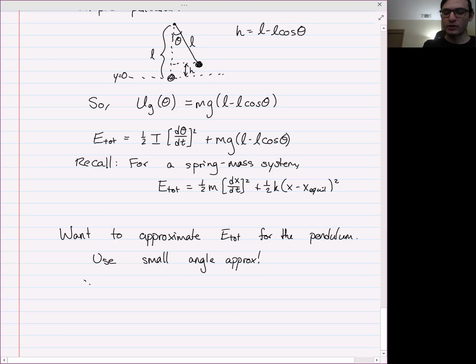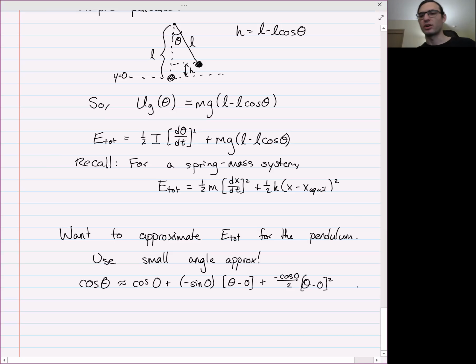So we have to use the Taylor series again. And this time we would find that the cosine of theta is approximately equal to the cosine of 0 plus, what's the derivative of cosine? It's the negative sine of 0 times theta minus, and we're approximating it when theta is close to 0, so theta minus 0, plus the second derivative of cosine at 0, which would be negative cosine of 0 divided by 2, times theta minus 0 squared, plus dot, dot, dot, so on and so forth.